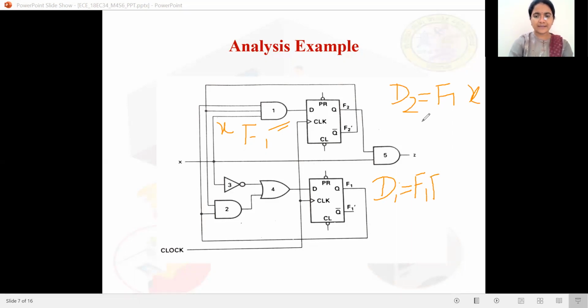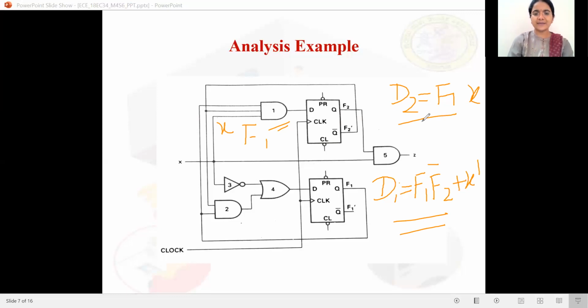Plus, we have a NOT gate here, and its input is from X, so the output of this NOT gate is X bar. These two are the excitation equations.